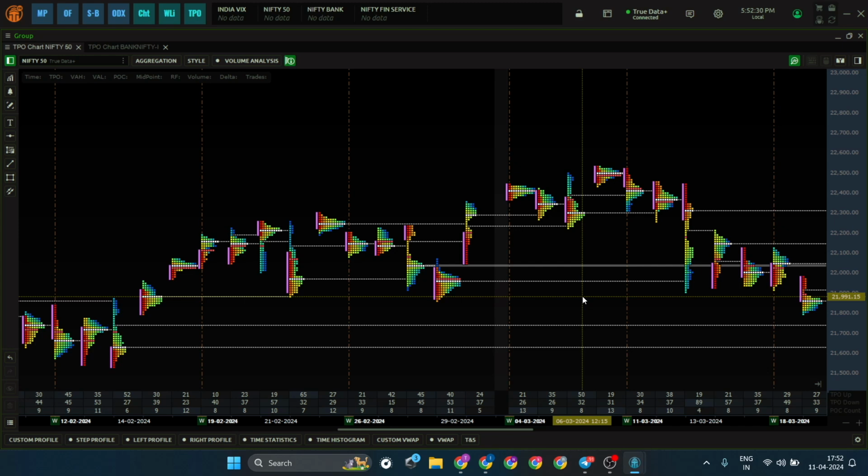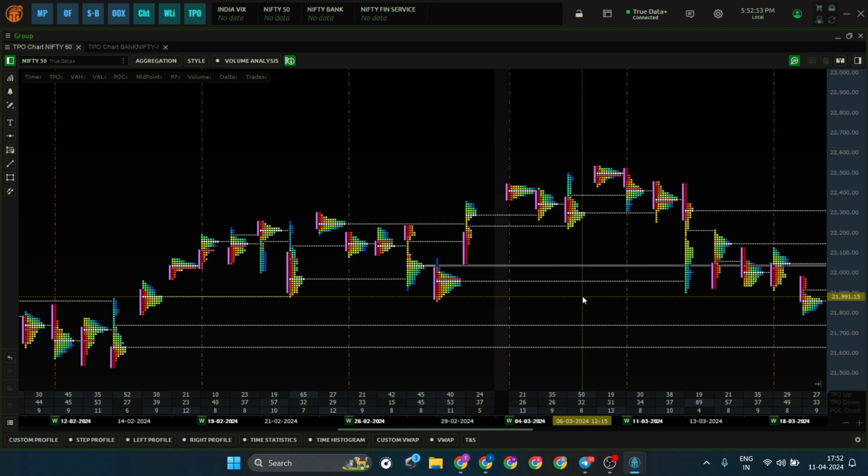Yes guys, hope you all understood all the basics which we have discussed here. Apart from this, there are also some other basics which you need to cover, but this particular course is designed to learn from scratch, right? So these are the basics you need to know in order to start learning market profile.